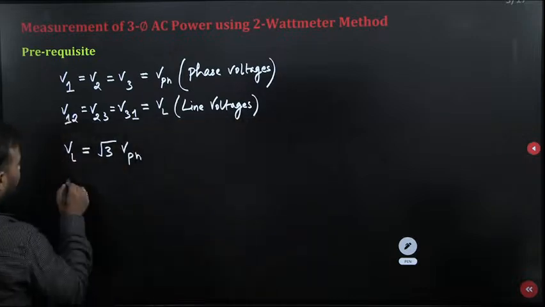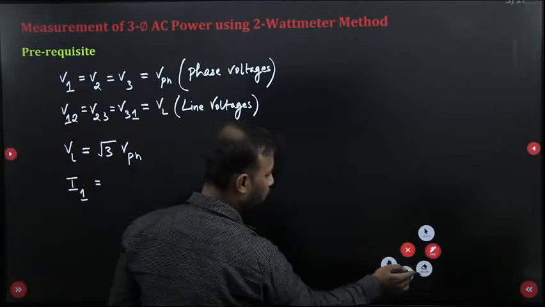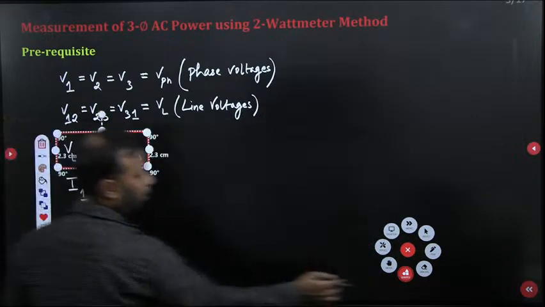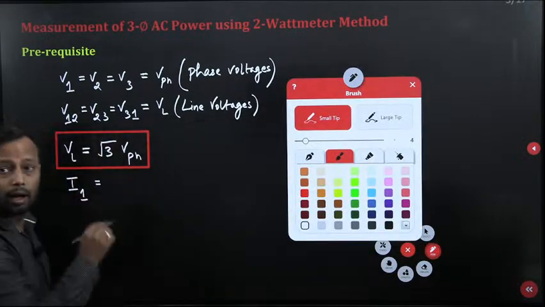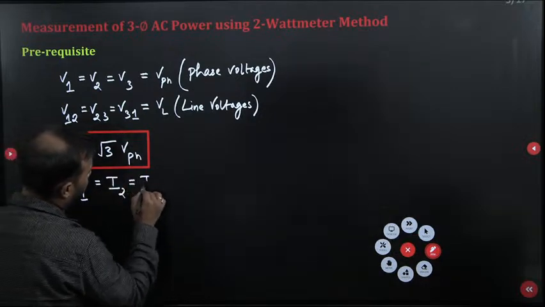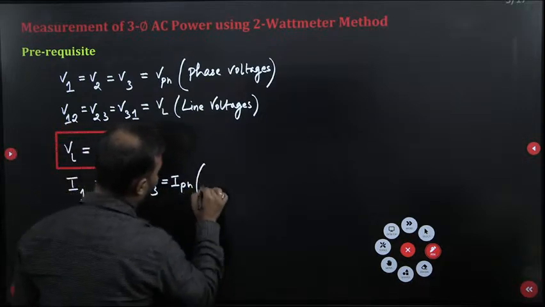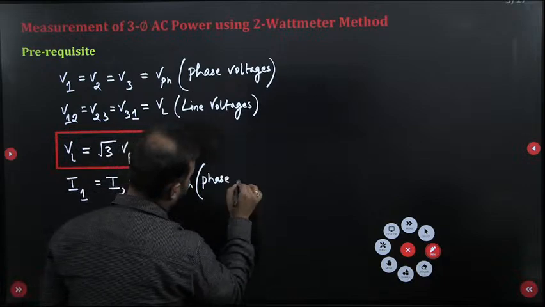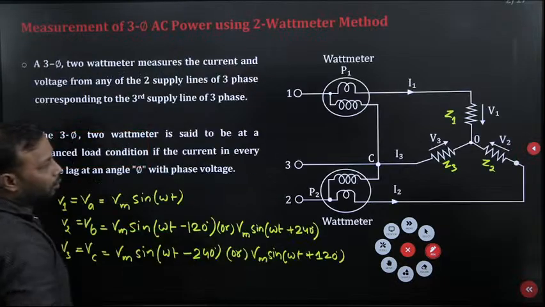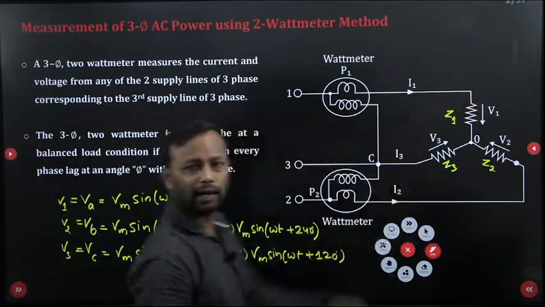In the same manner, let me box this important result. Your phase current, which is I1, I2, I3, is equal to IPH. So this is your phase current, the current entering the phases I1, I2 and I3.